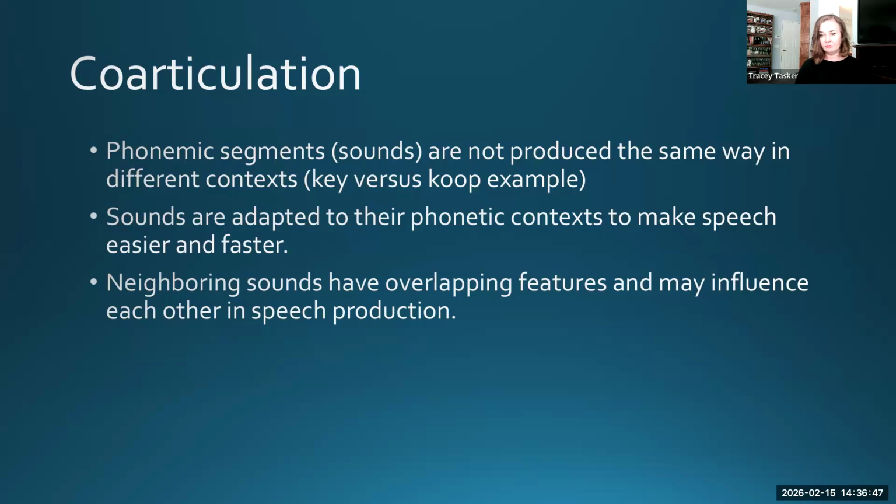So, for example, if you say the word key, you are anticipating that high vowel E, so your articulators are already moving into position as you are saying the k. Now, k is a back sound, right? But you are moving your tongue further forward when you make it because you're anticipating that high vowel.